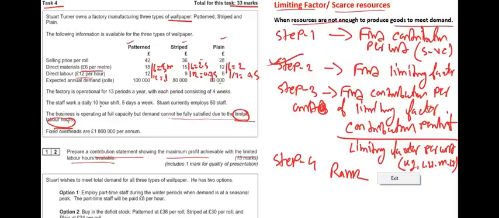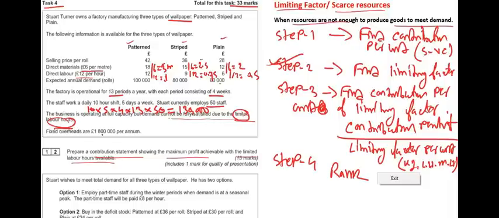Taking my pen: 10 hours per day times 5 days a week times, if you remember, 4 weeks, times 13 periods, and times 50 staff. You have to do it to get the number of labor hours available. You'll find from your trusty calculator it is 130,000 labor hours available.